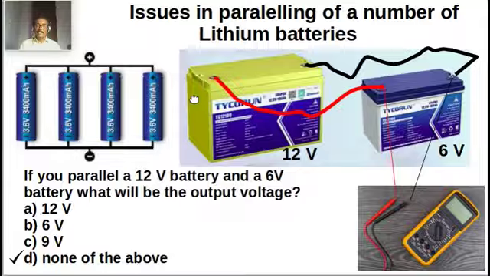I used to ask this question in interviews to many students, and almost 100% of them never answered correctly. Will it be 12 volt, 6 volt, something in between, let's say 9 volt, or none of the above? The answer is none of the above. Let's see what is the actual answer.